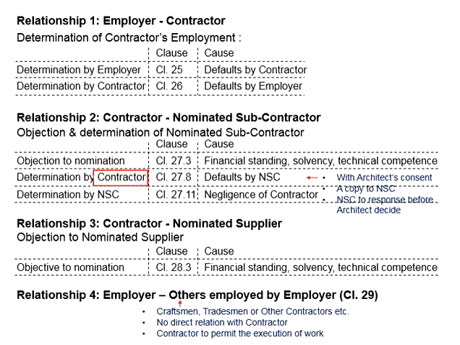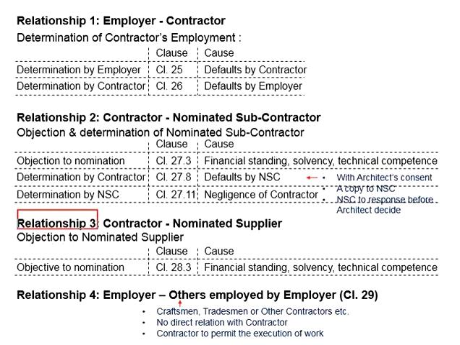The contractor chooses to terminate the nominated subcontractor with the consent of the architect. The third one is due to the problem of the contractor, that the nominated subcontractor cannot work together with this contractor, and therefore the nominated subcontractor decides to withdraw himself from subcontracting the job.